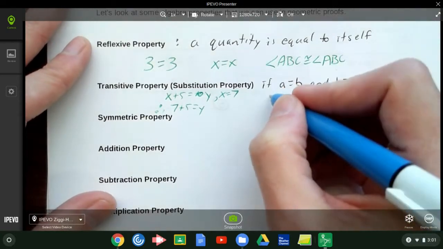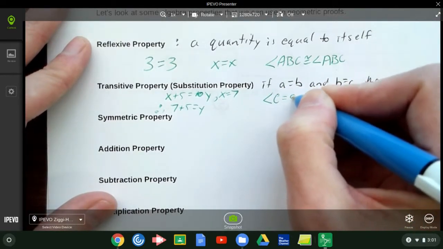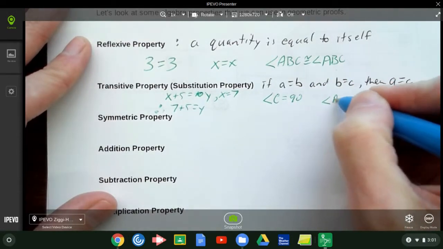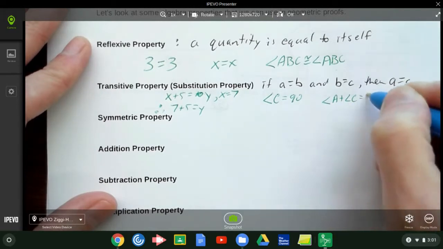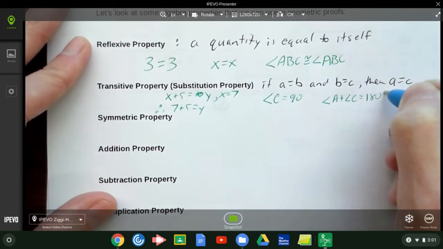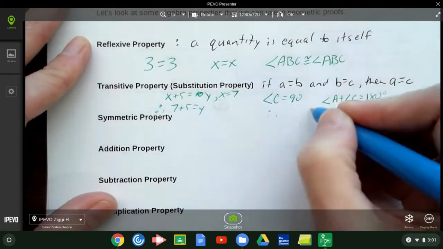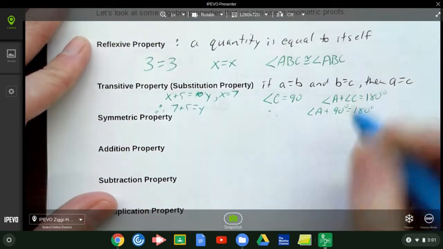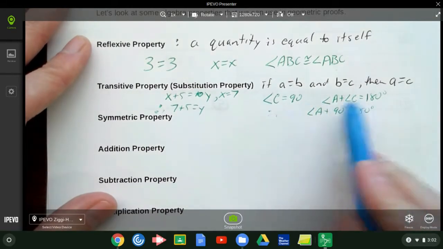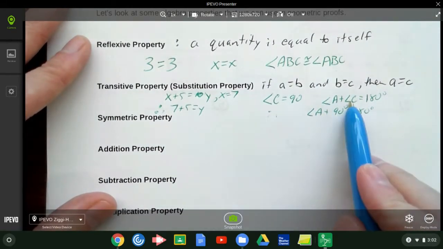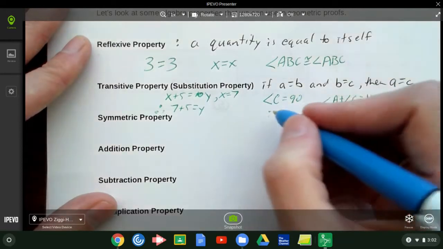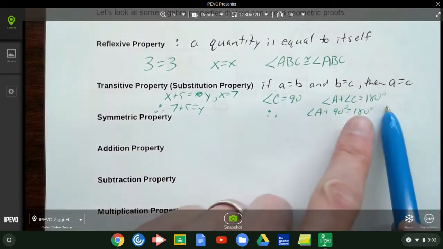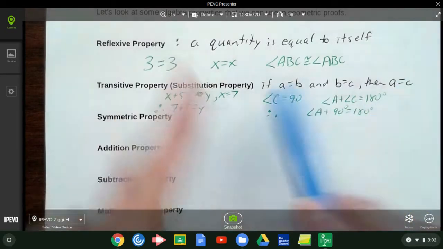I could say angle C equals 90 degrees, and angle A plus angle C equals 180 degrees. Therefore, angle A plus 90 equals 180 degrees. I replace C with what C equals. And I can do it with numbers, with other things, basically with anything. As long as I know two things are equal, I can replace one of the things.